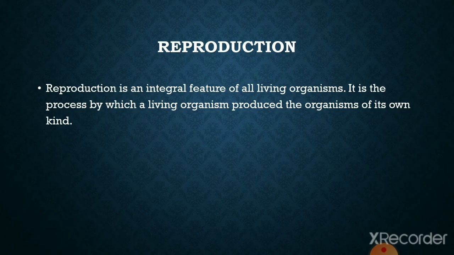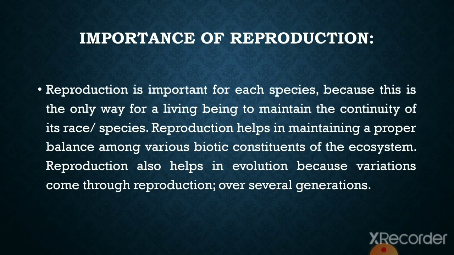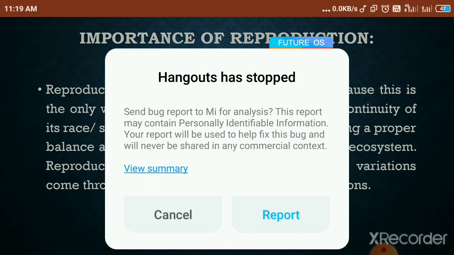So, the question arises, why do organisms reproduce? Because it is an inherent, inborn, innate property of all living organisms to maintain their species, that they can reproduce to produce new generation individuals.